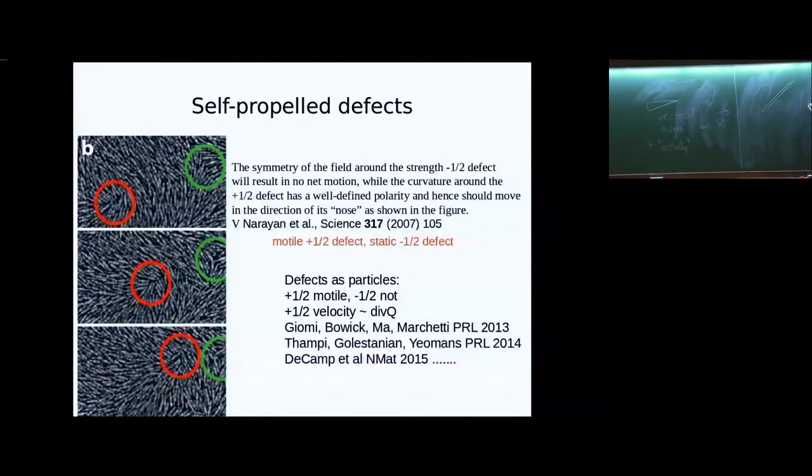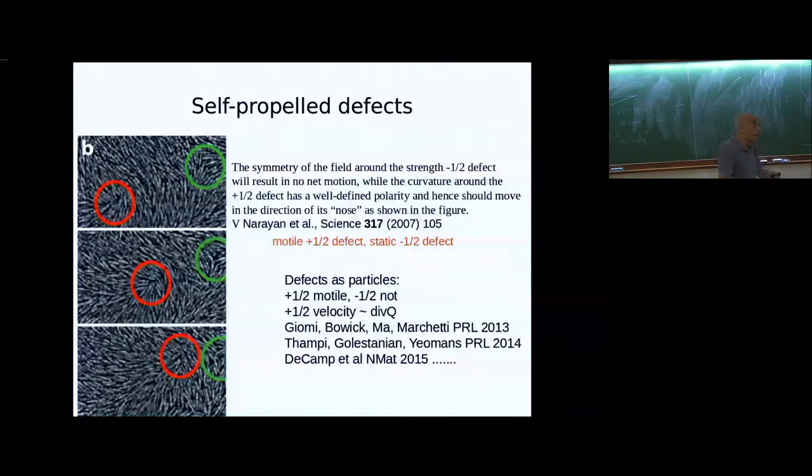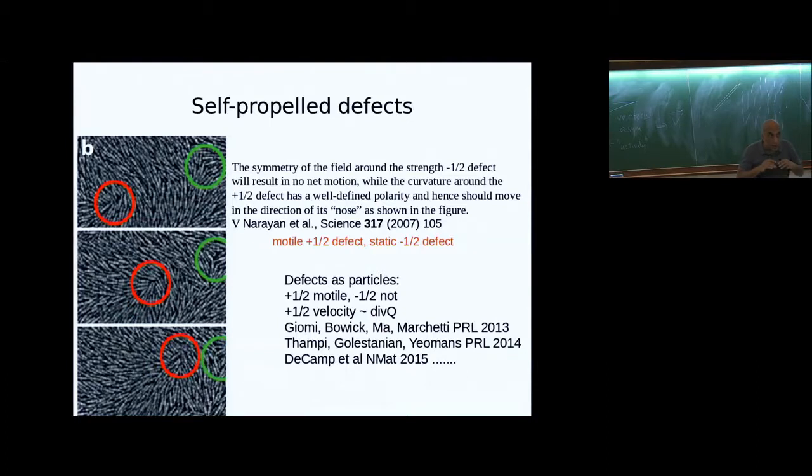So if you have an aligned phase of these guys, imagine you take a system of this sort and you put in more and more particles, and this system is vibrating, so these particles are doing some kind of random motion, they're jostling each other. And not surprisingly, at large enough concentration, you do find an aligned state. Okay? It's an aligned state, but unlike a flock, it's an aligned state in which the particles, on average, aren't going anywhere. Right?